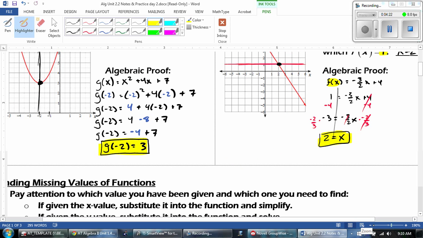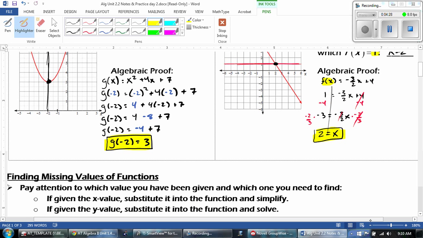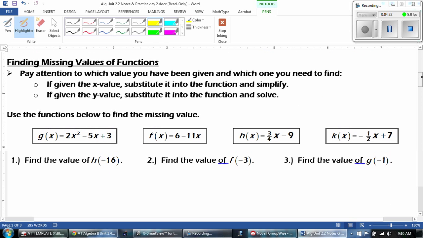What we're going to be learning about on the first page is finding missing values of functions. It says to pay attention to which value you have been given. If they give us the x value, we have to substitute into the function and simplify.